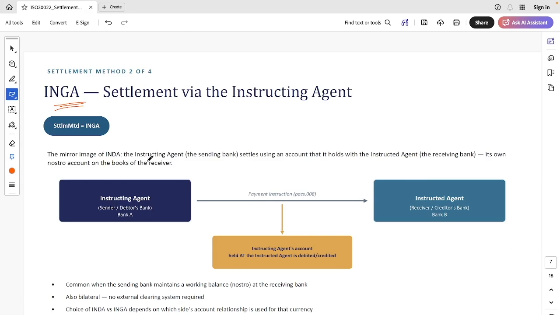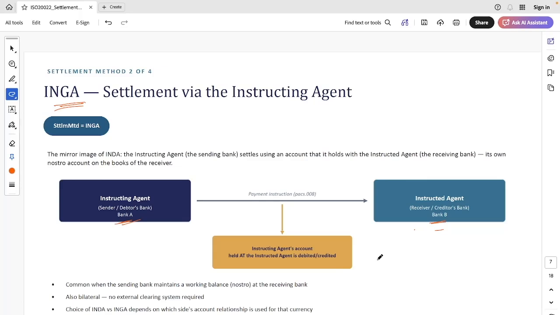Let us again take an example of Bank A and Bank B. Bank A is the sending bank and Bank B is the receiving bank. So Bank A is the instructing agent and Bank B is the instructed agent. If Bank A holds an account with Bank B, then settlement can happen using Bank A's account on Bank B's book. So the instructing agent has an account with the instructed agent in case of INGA.